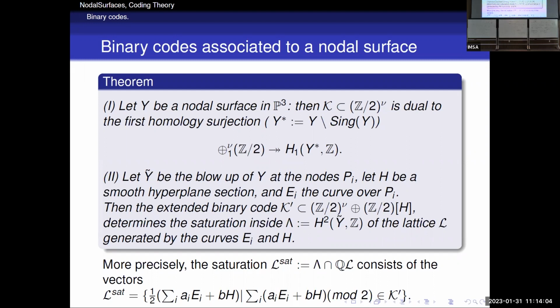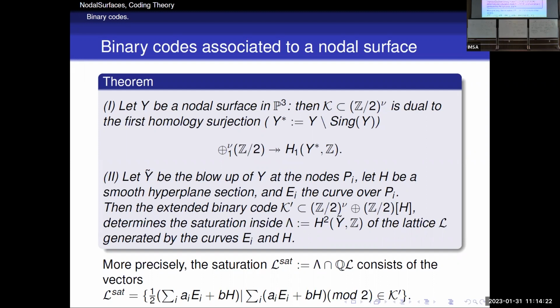So essentially, there is another way to describe the code: you take the linear combinations which are divisible by 2. And this is important information to determine the weights of the codes.